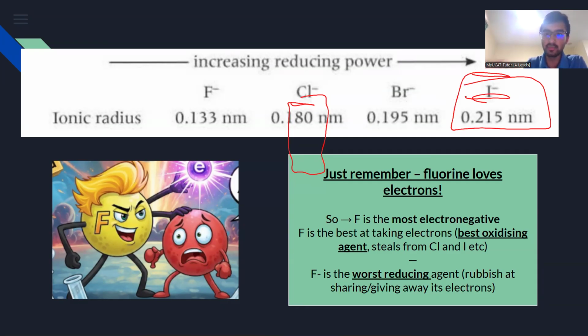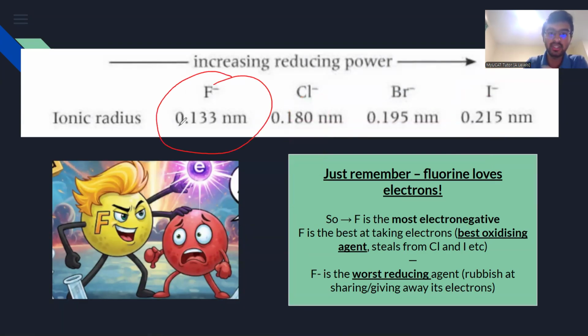So iodide is the best reducing agent because it's the easiest one to give away its electron. But fluorine is the best oxidizing agent because it's the best one to take electrons. And once it's taken its electrons, it doesn't very easily give them away because fluorine loves electrons.